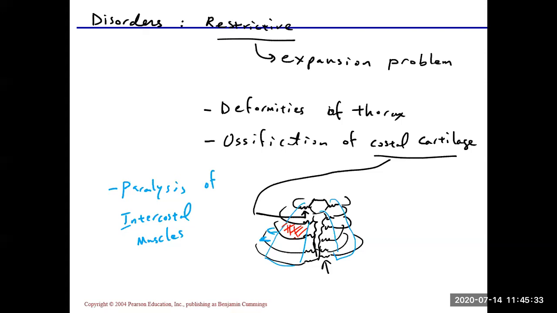When these muscles are paralyzed for whatever reason, maybe lack of oxygen, maybe other complications, the chest is not going to be able to expand as much, and as a result it will affect the lung condition. So those are some of the ideas.